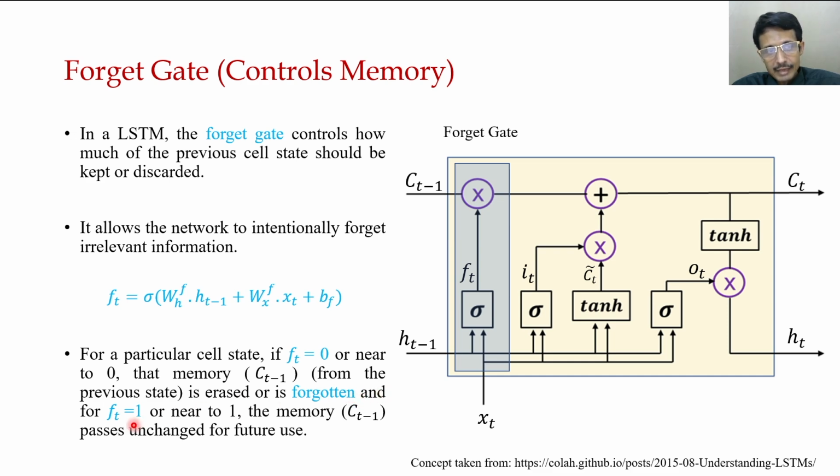On the other hand, if f_t is 1 or near to 1, the memory c_{t-1} from the previous state passes unchanged further. So you can say c_t is basically c_{t-1} if it is 1. So this is the forget gate.